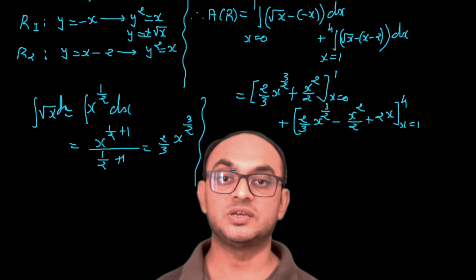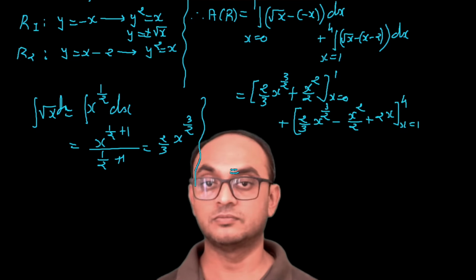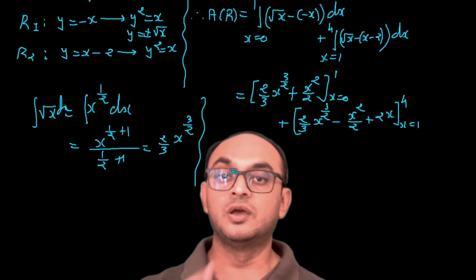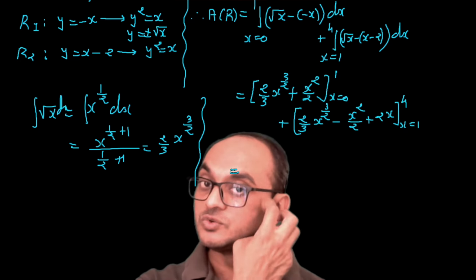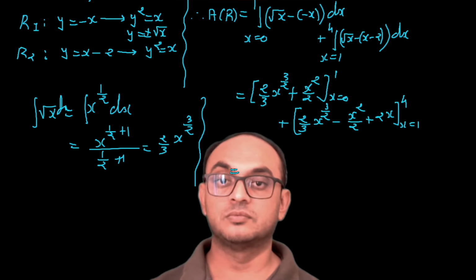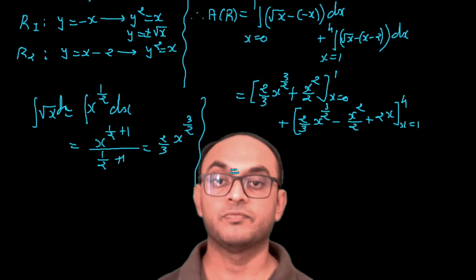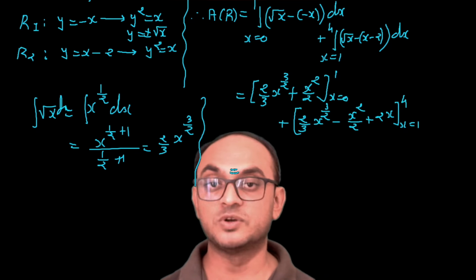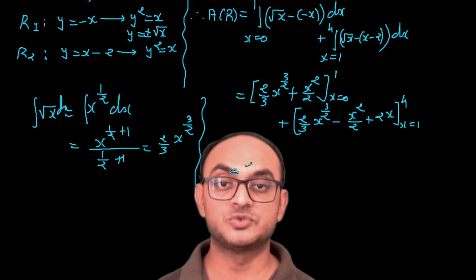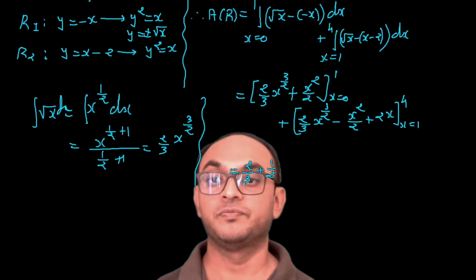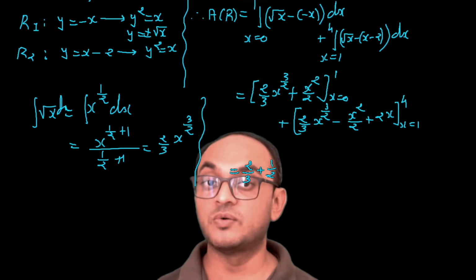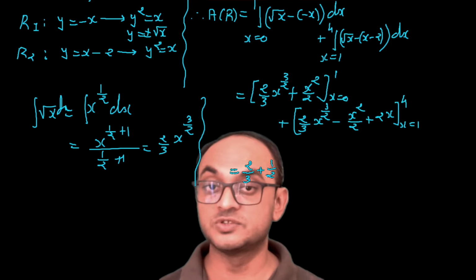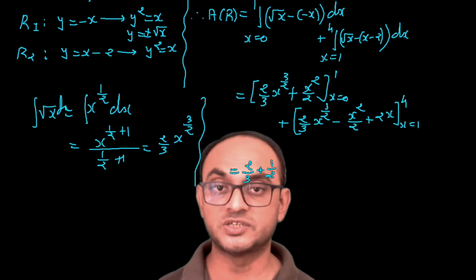And so this is equal to, when you substitute x equal to 1, 2 divided by 3 plus 1 divided by 2. x equal to 0 is the lower limit, but when x is equal to 0 everything is 0, so I am not going to mention it.